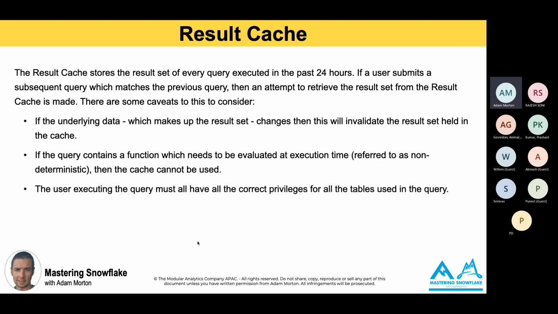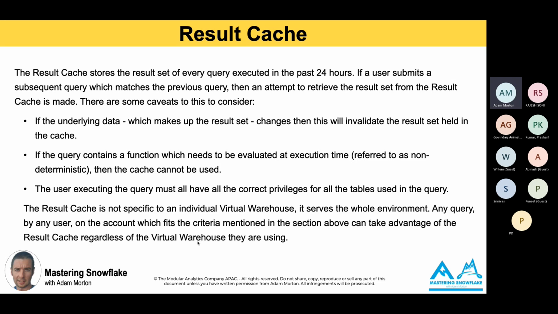Obviously, the user executing the query must have all the correct privileges for the tables used in the query as well. And interestingly, the result cache is not specific to an individual virtual warehouse. It actually serves the whole environment. So if you've got multiple virtual warehouses running, one of those virtual warehouses can tap into the result cache as well. So it's not specific to a virtual warehouse.